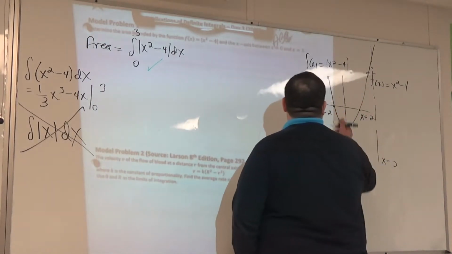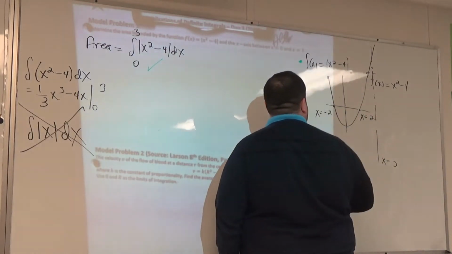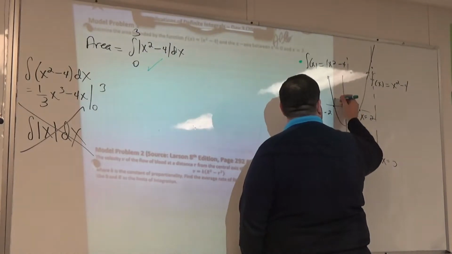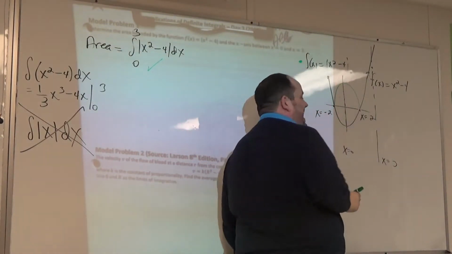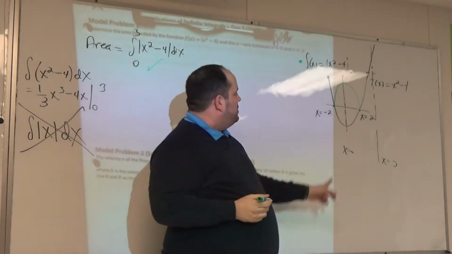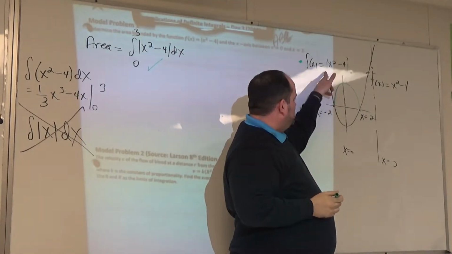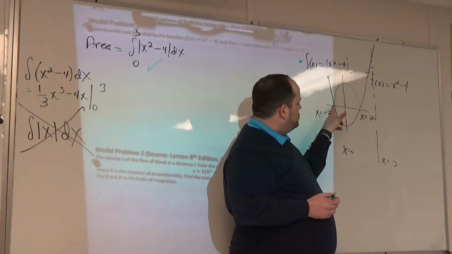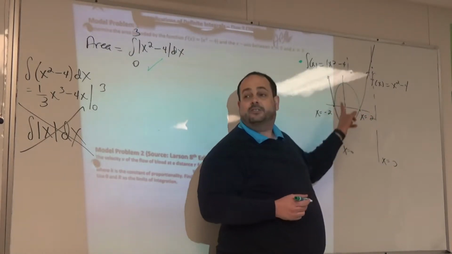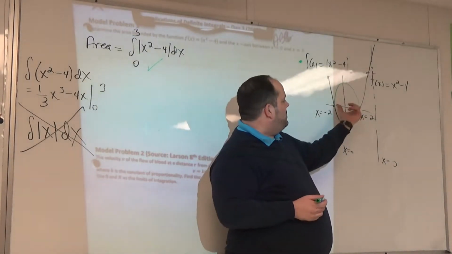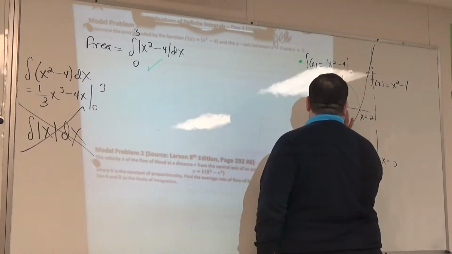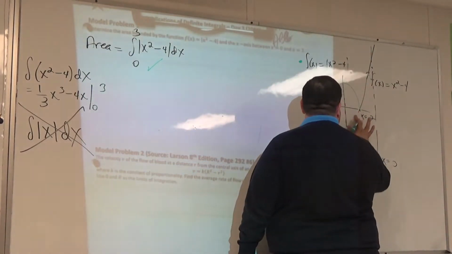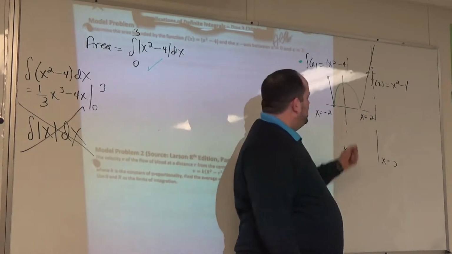So the actual graph, I'm going to graph in green here, would look more like that. You'd have the black piece over here stays the way it is because those y values are positive. In between the two roots, you get below the x-axis, those y values are negative. The absolute value turns them all positive. And so that's what the graph looks like.